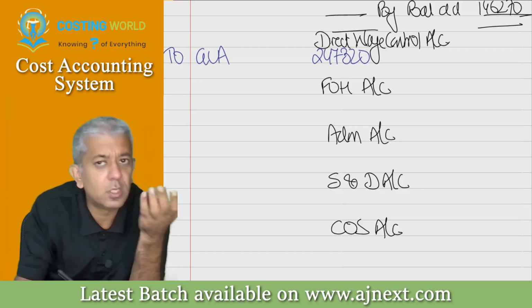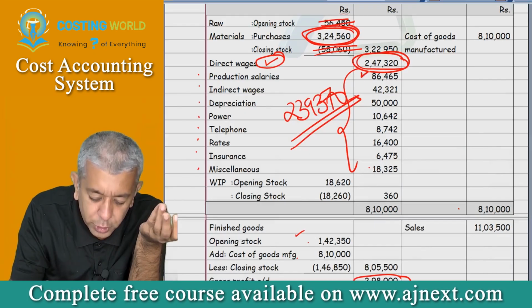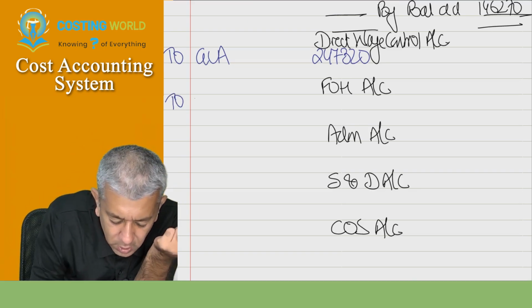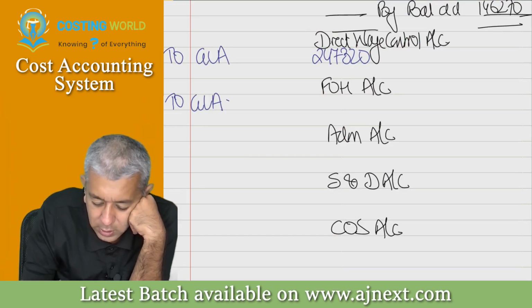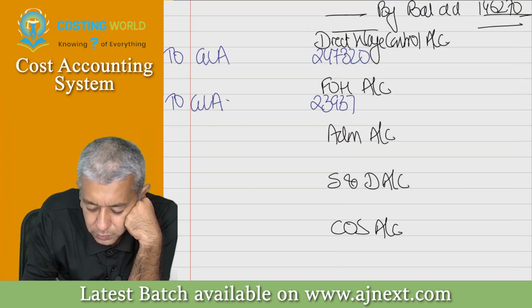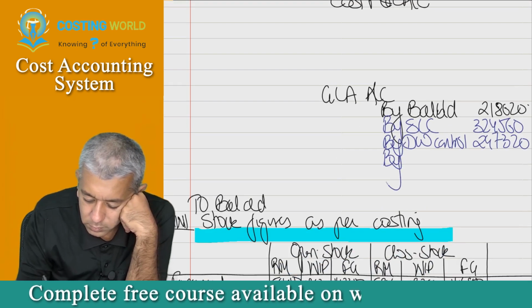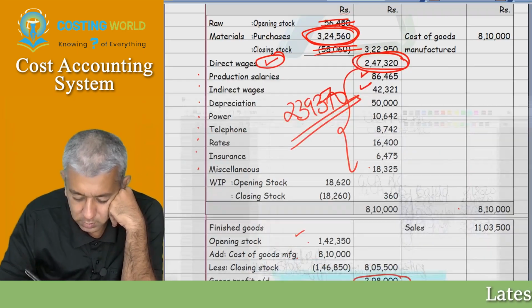Actual. These are the actual amounts. The list of all the expenses is given to you: this much was incurred, this much was incurred, and so on. So the entry for all actual amounts is FOH to GLA 239,370.